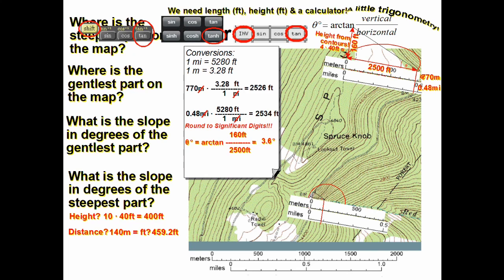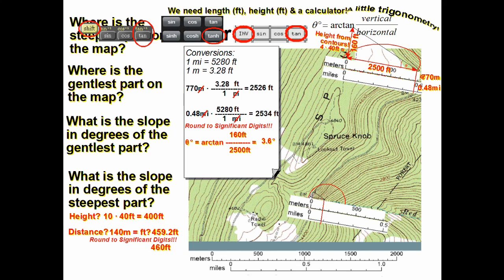Well, is this the number we're going to use or write down? Well, not really. Let's round this one to significant digits. In my 140 meters, the ones I measured, they are 2 significant digits. So again, I need to round 459.2 to 2 significant digits, which comes out to be 460 feet.